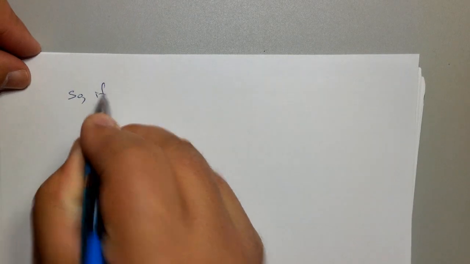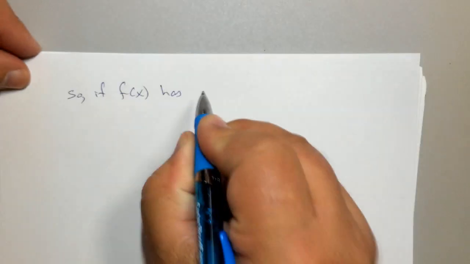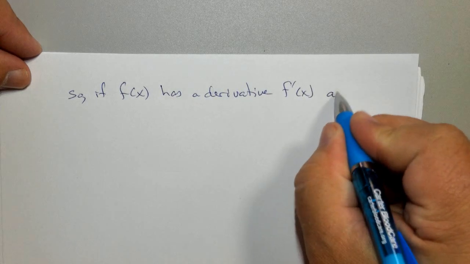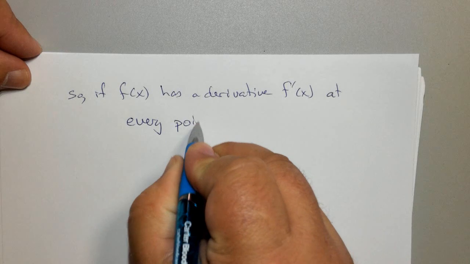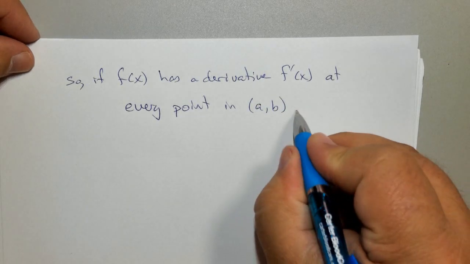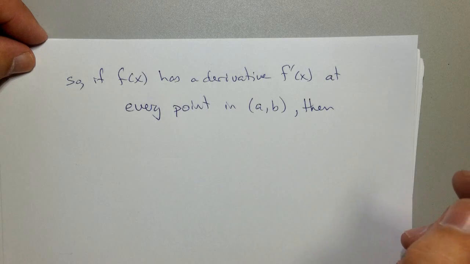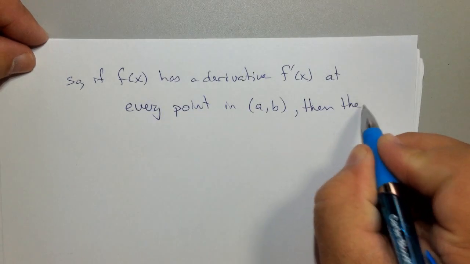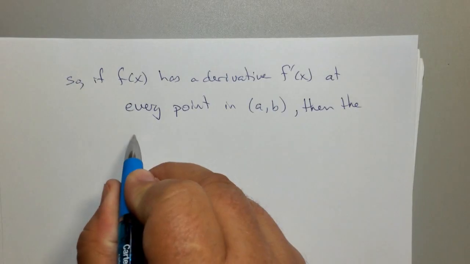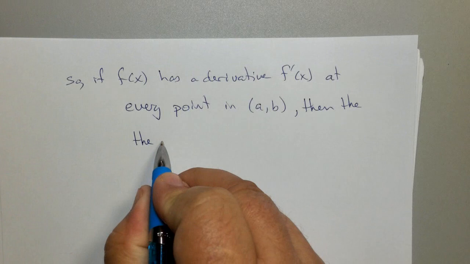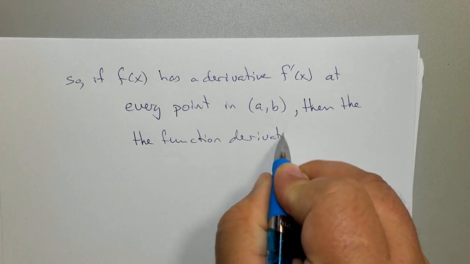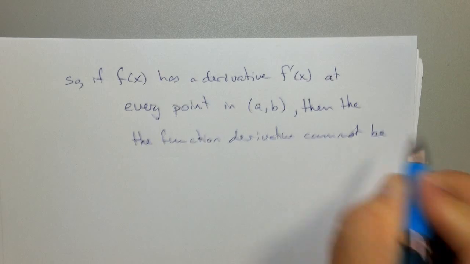So, if f of x has a derivative, f prime of x, at every point in the open interval (a, b), then the derivative cannot be undefined.